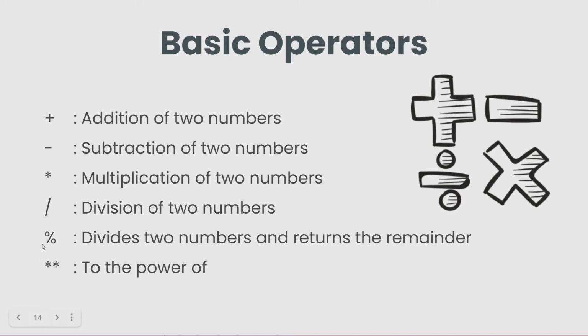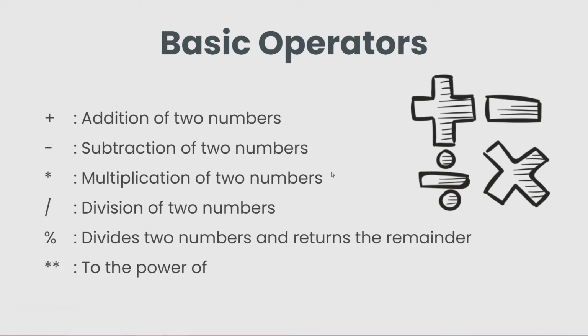What you may not be familiar with is this percent sign. This is actually called modulo. So instead of giving you the quotient when you divide two numbers, it will give you the remainder instead. So for example, 7 modulo 2 will give me back 1, because 7 divided by 2 is a quotient of 3 and a remainder of 1. And your double asterisk will be to the power of.